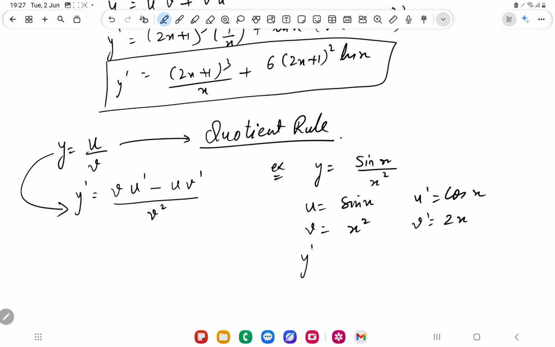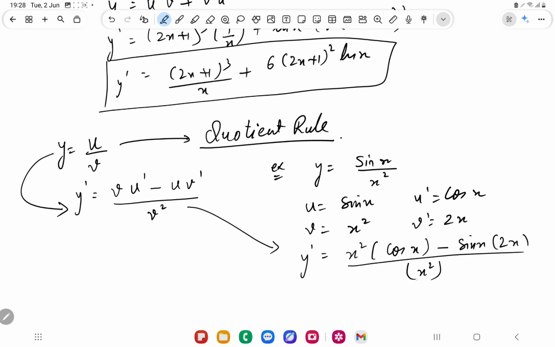Now if I want to find y dash, I will use this formula. It says v u dash minus u into v dash, whole divided by v square. So this is my derivative using the quotient rule. So you can try the questions.